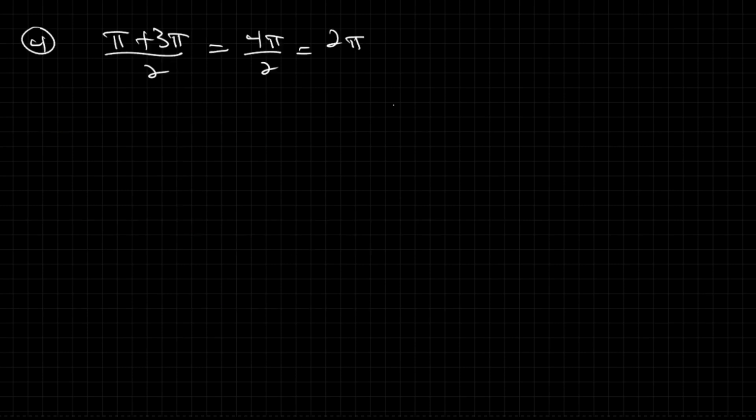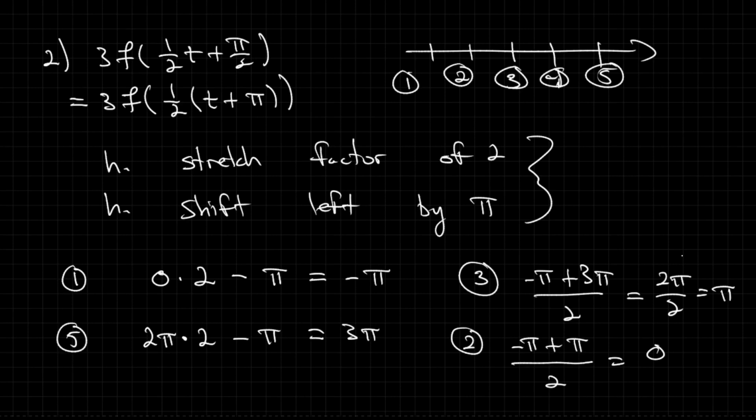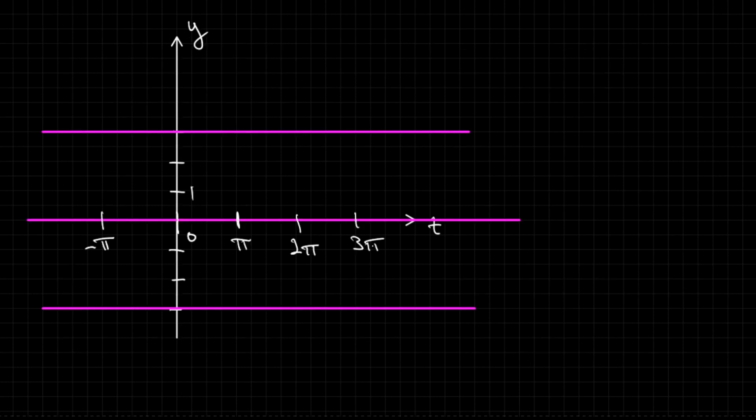So let's check to make sure I have all the coordinates I need. I have 2 pi on there, I have 3 pi, minus pi, pi, and 0. So now I have my important t-coordinates, I have my midline and my upper and lower lines.